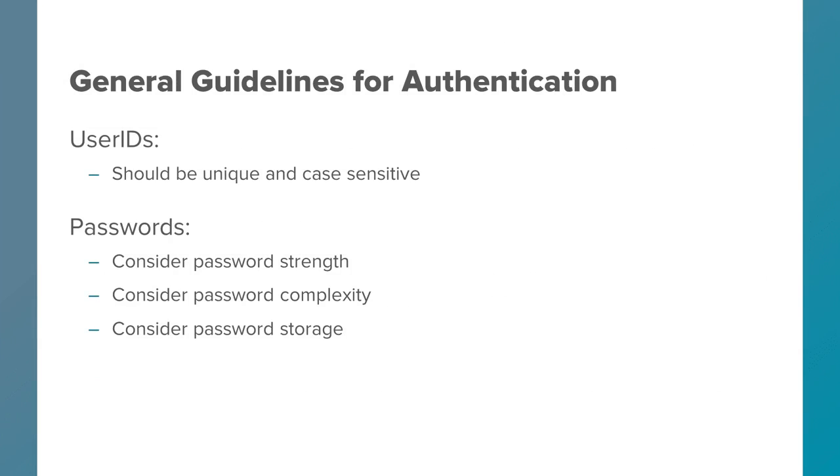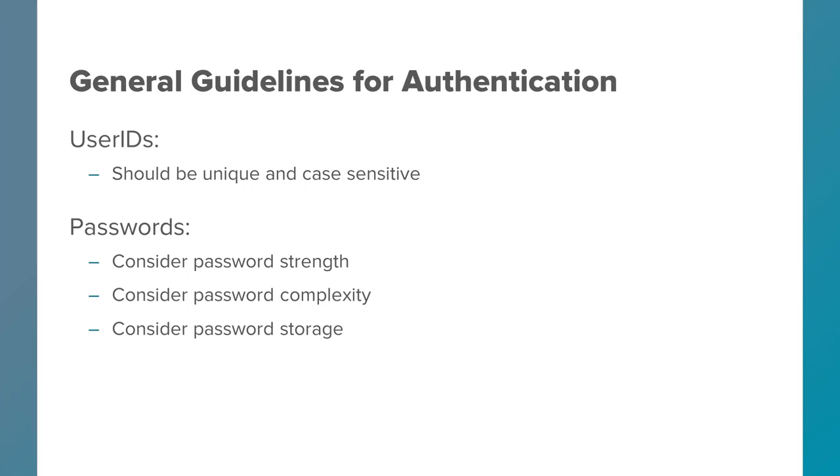So now here are some general guidelines for authentication. Now, user ID should be unique and case sensitive, I should say. And with passwords, you want to consider password length. According to NIST SP 800-132, the minimum password length should be at least 10 characters.